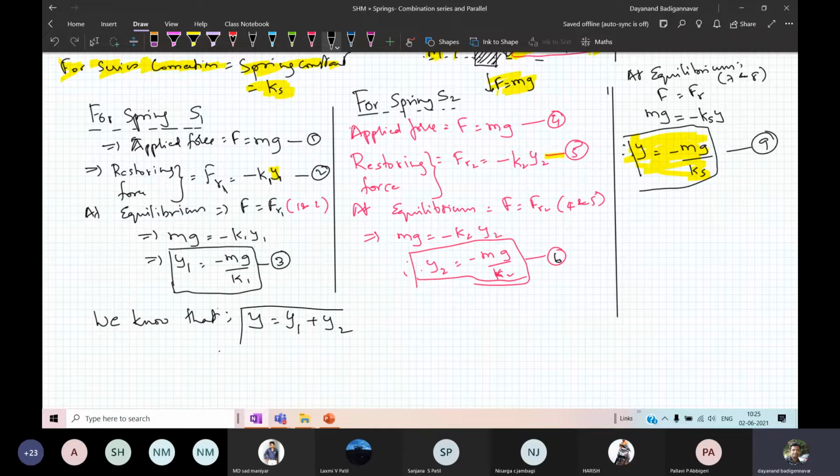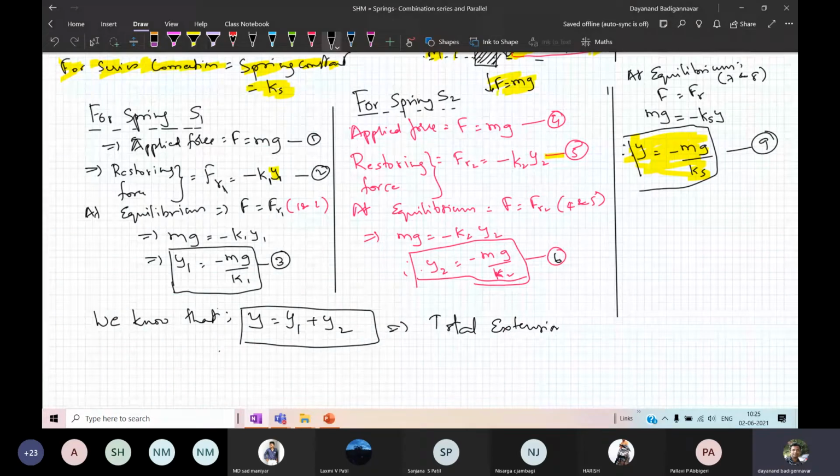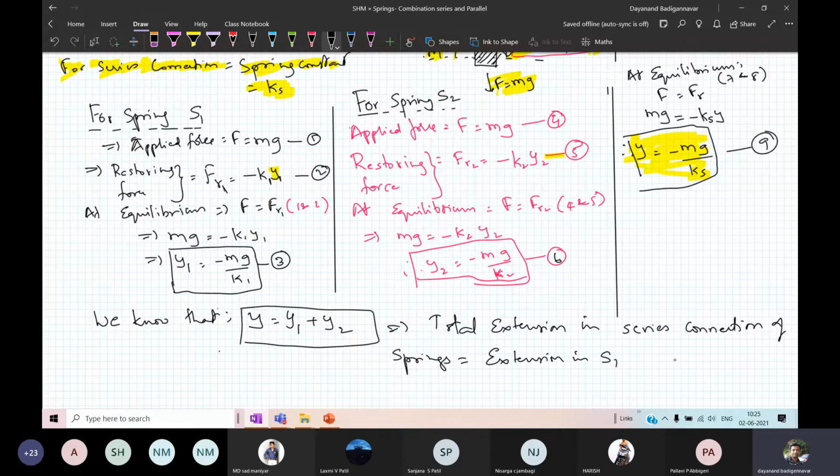That is, the total extension in the series connection of springs is equal to extension in S1 plus extension in S2. Total extension is Y, extension in S1 is Y1, extension in S2 is Y2.